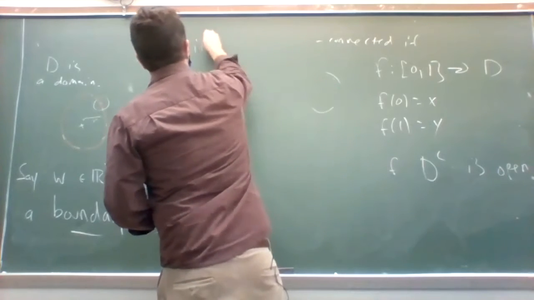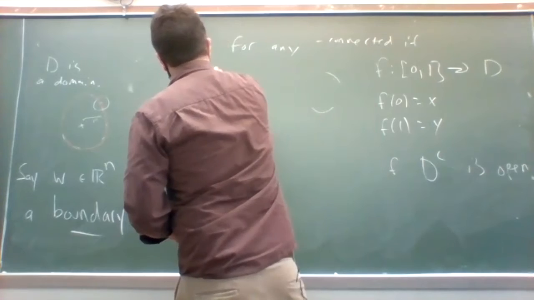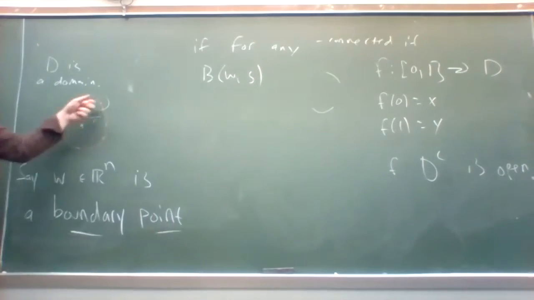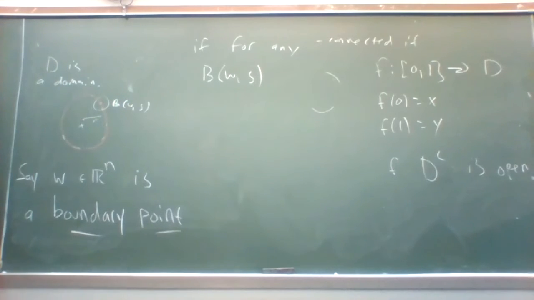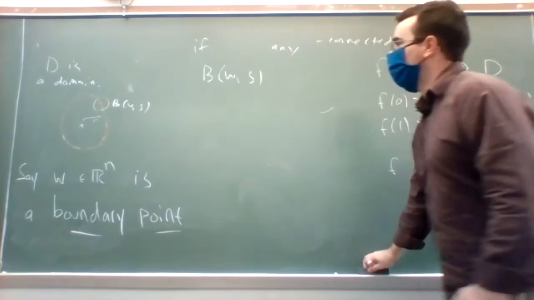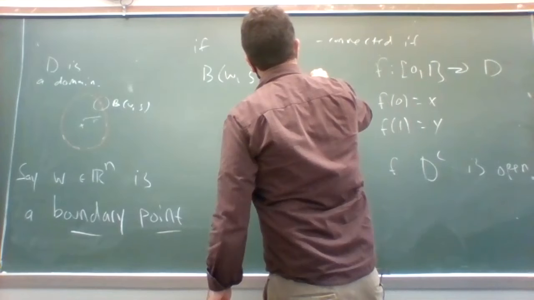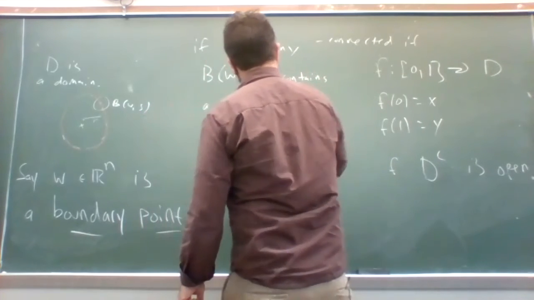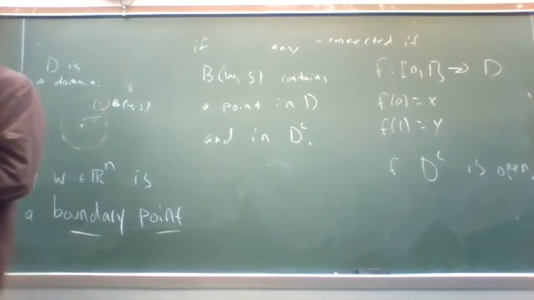So if any open ball of radius S about W contains a point in D and in D complement, you have to have both.